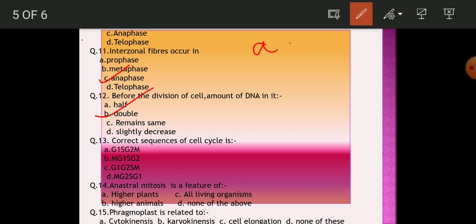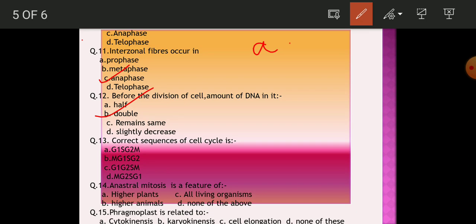Next, the correct sequence of the cell cycle: G1 S G2 M, M G1 S G2, G1 G2 S M, or M G2 S G1.